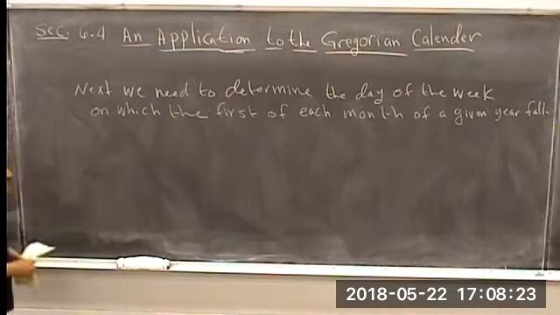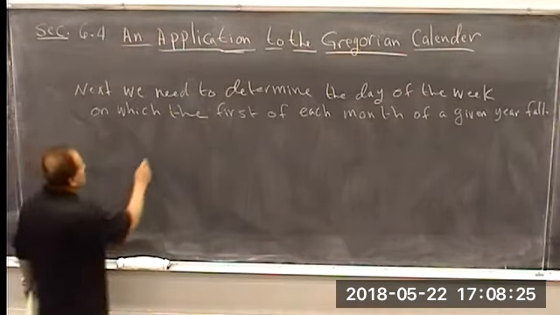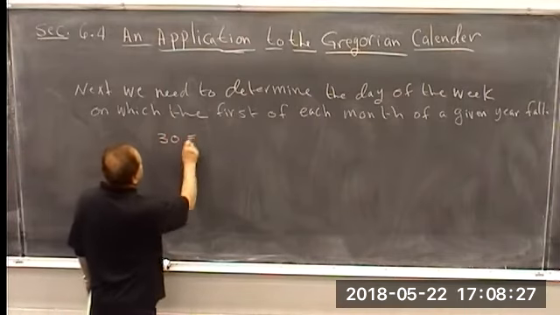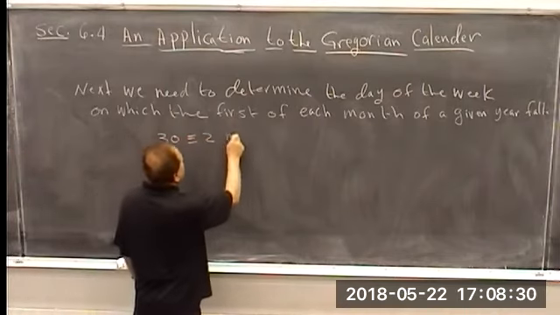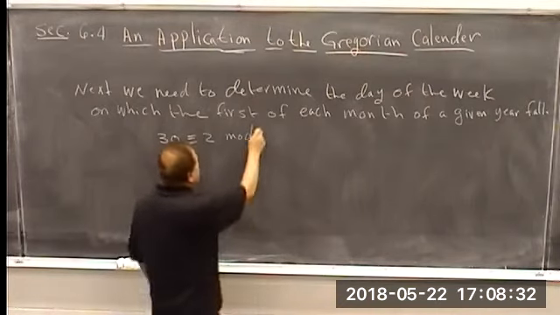Now, to do this calculation again, we have 30 is congruent to 2 mod 7.